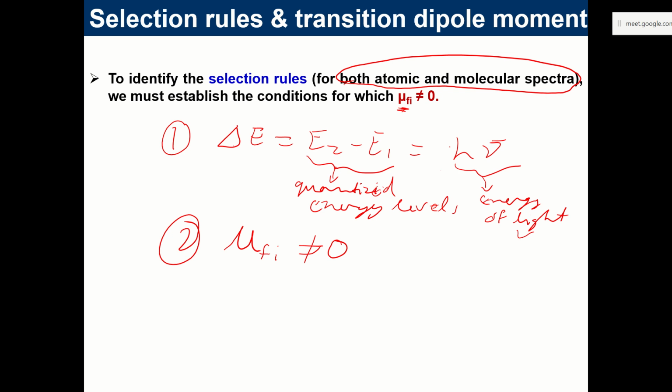And without going into mathematics, I told you how we have understood the point, that the shape, the overall distribution profile must undergo a change. There must be asymmetric migration of charges such that a transition dipole is developed. So this is what we know as the transition dipole moment.